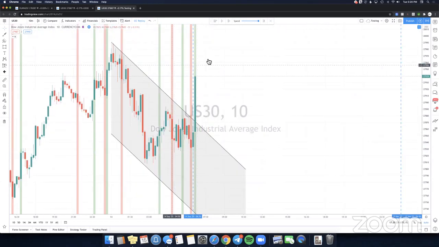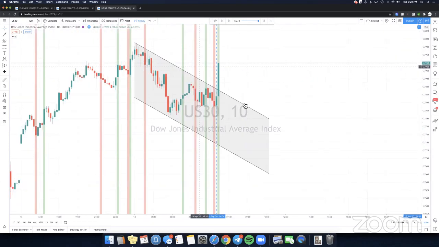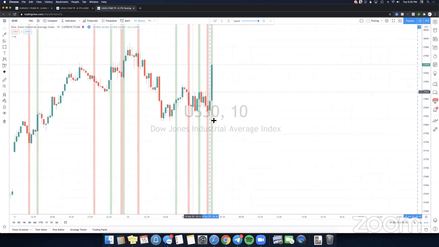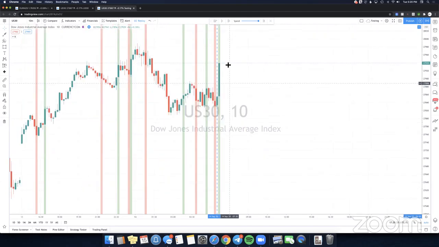Because the reason why we do this is that we're basically waiting for the market to open, and then we're waiting for the institutions and market makers to push price in a certain direction. So right here, price shot up like crazy. A lot of people wouldn't have taken this trade because it's a huge move up. People would have anticipated it to correct or pull back, right?